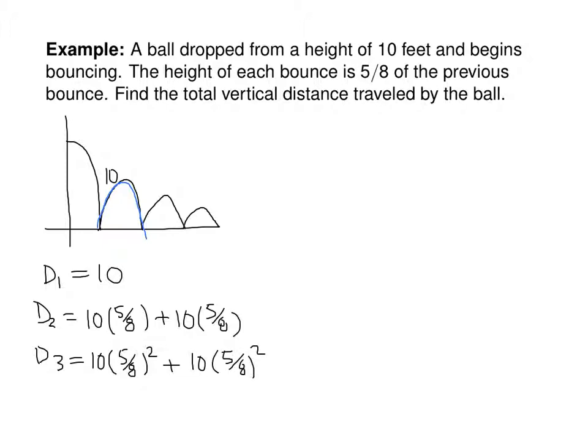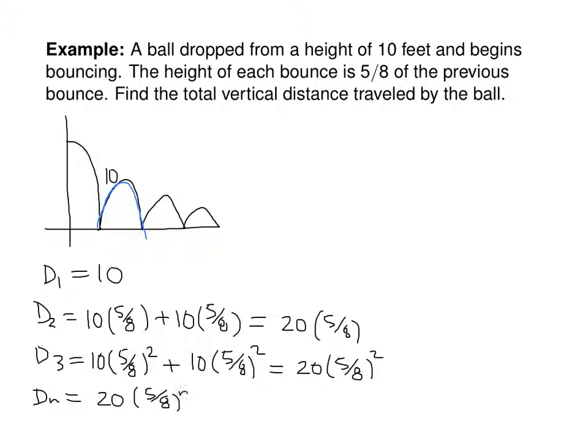So notice that d2 is then 20 times 5/8, and d3 is 20 times 5/8 squared. So in general, dn is going to be 20 times 5/8 to the n minus 1.